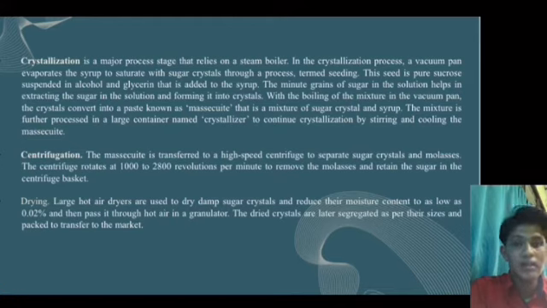The minute grains of sugar in solution help extract the sugar in the solution and form it into crystals with the boiling of the mixture in the vacuum pan. The crystals convert into a paste known as massecuite, a mixture of sugar crystals and syrup. The mixture is further processed in a large container named a crystallizer to continue crystallization by stirring and cooling the massecuite.